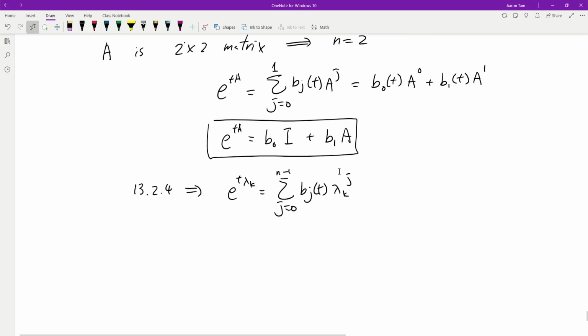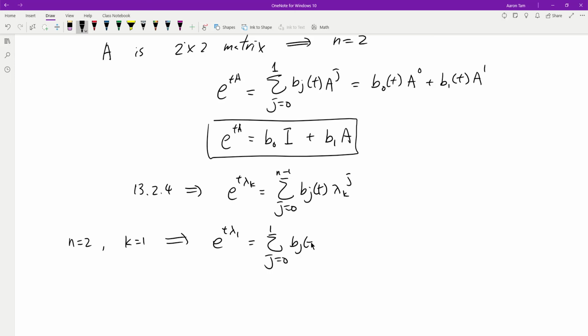Once again, for us, k is 1 and 2, and we also have n equal to 2. We're going to start with k equal to 1. Therefore, e to the t lambda 1 equals the summation from j equals 0 to 1, because 2 minus 1 is 1, of b sub j of t times lambda 1 to the j.